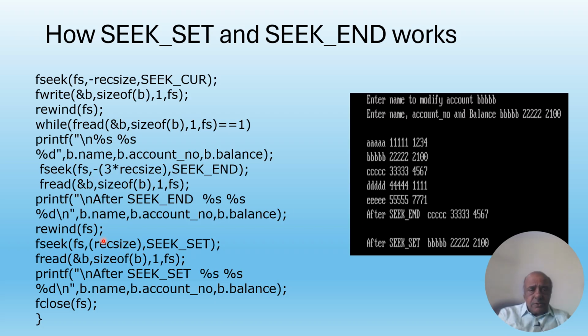Then, from SEEK_END, when the pointer has moved to record CCC, we have again used the rewind function so that we reposition the pointer to the beginning of the file, and then we use the third macro, SEEK_SET, for reading the data from the record which is rec size bytes after the beginning of the file.